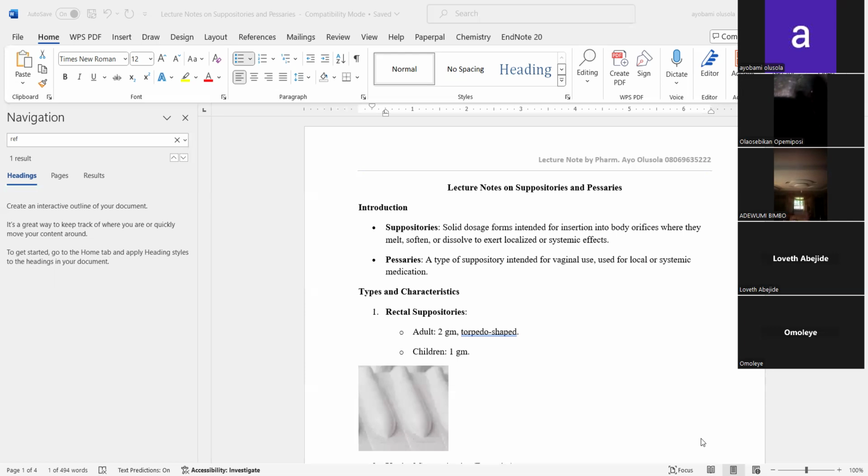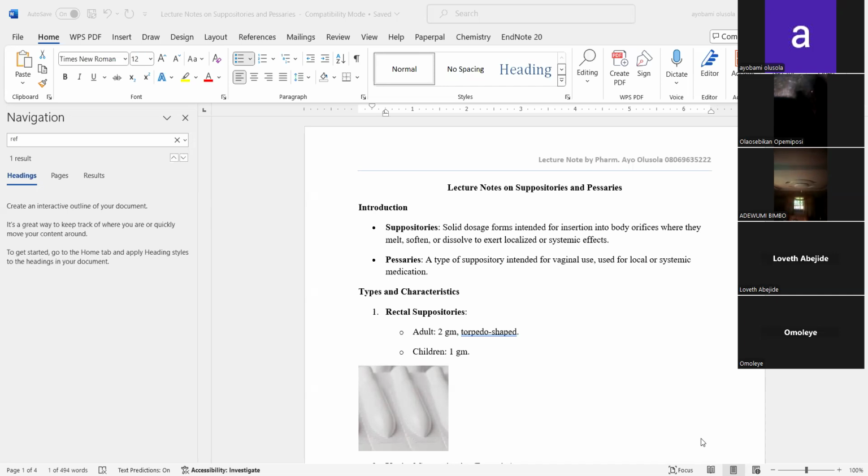So pessaries are a type of suppositories. They are intended for insertion into the vagina. So they are vaginal suppositories. And they can also exert local effect or systemic effect. When you are treating thrush, vaginal candidiasis, which is a whitish yeast-like infection, if you are treating it in pregnancy, you must use pessary and not oral antifungal.